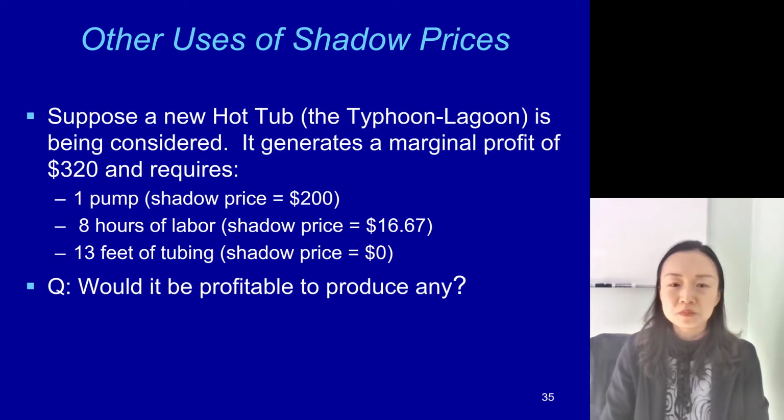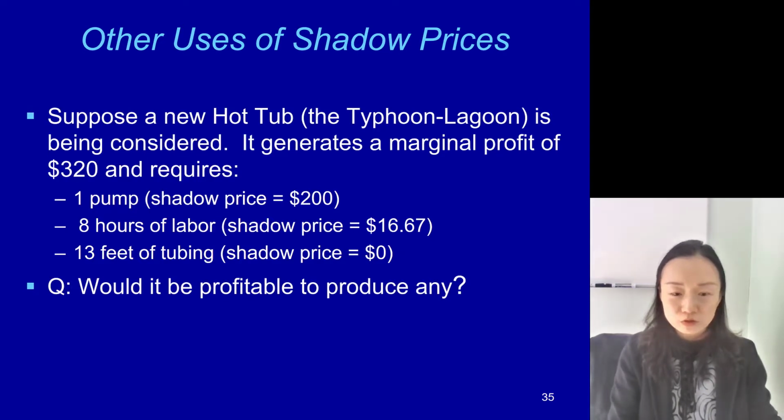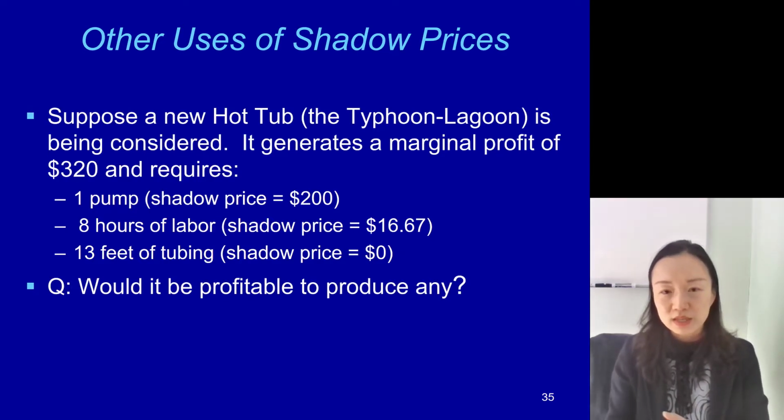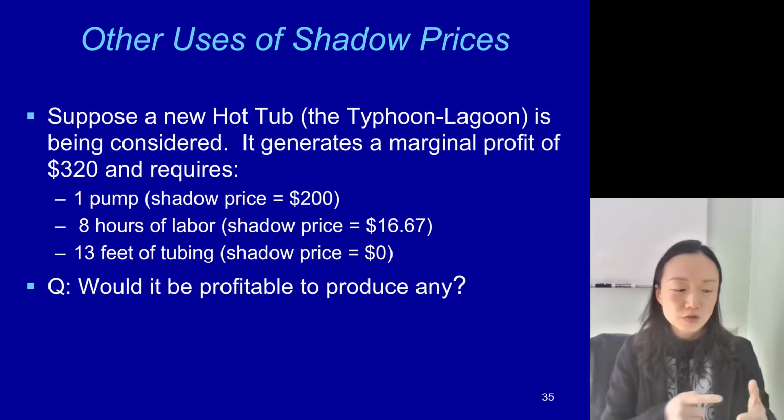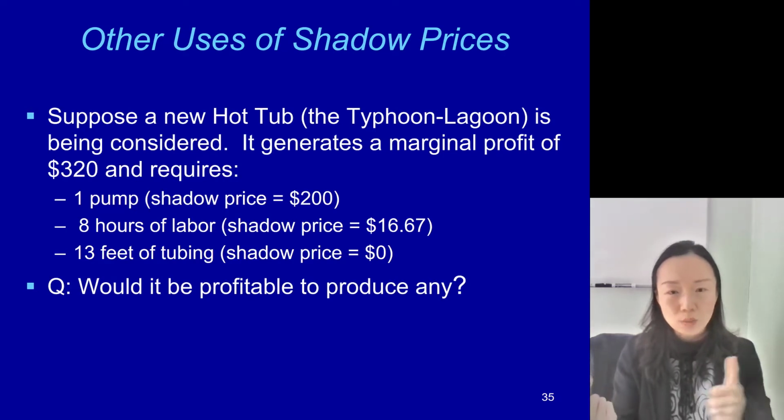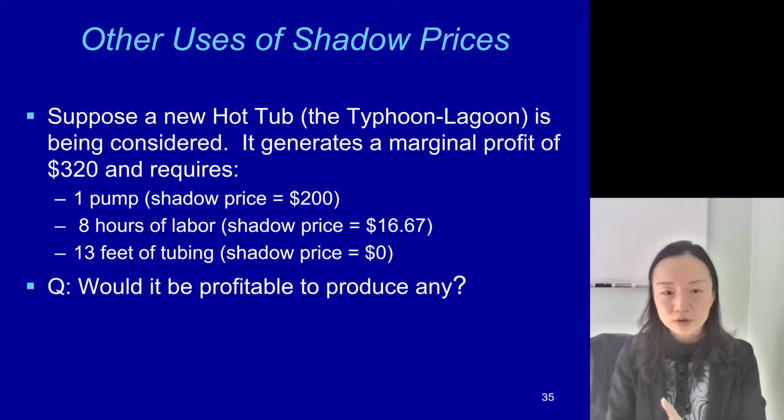Now, if we are going to add a new type, we're not going to get more resources. So the resources have to come from this current resource pool. We have to take out some of the resources. So if we're going to produce only one Typhoon Lagoon, you have to take out one pump, right? And you have to take out 8 units of labor and 13 feet of tubing.